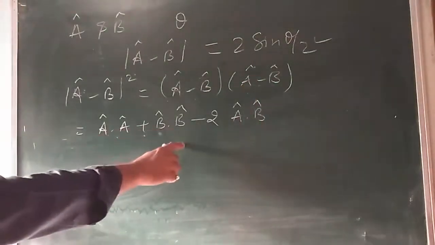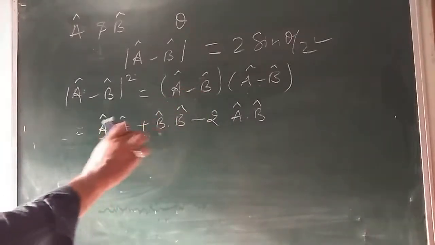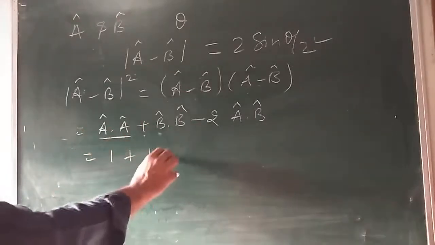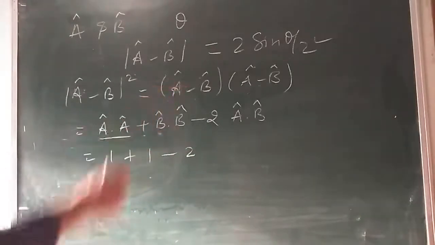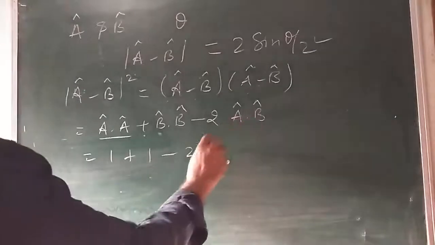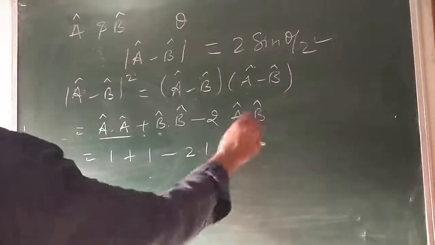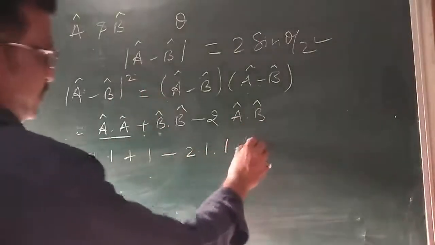These are unit vectors. So, similarly here A dot A, the value is 1. Here the value is 1, minus 2 A cap dot B cap, that is AB cos theta. Here A is 1, B is 1, in place of A dot B I am writing AB cos theta, and that is cos theta.